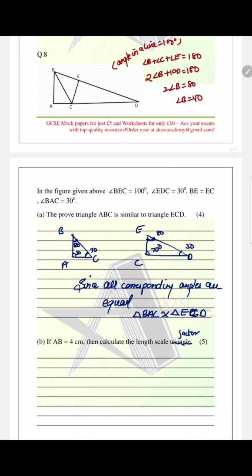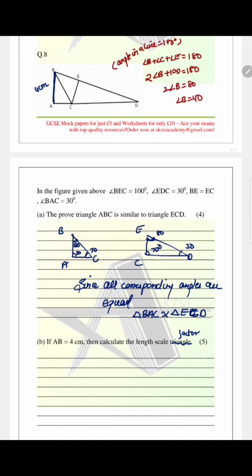If AB is 4 centimeters, AB, this one, this is 4 centimeters. Then we have to calculate the length scale factor. The length scale factor can be calculated if you find the corresponding sides. So we can calculate the corresponding sides, and for that let me find any particular side.